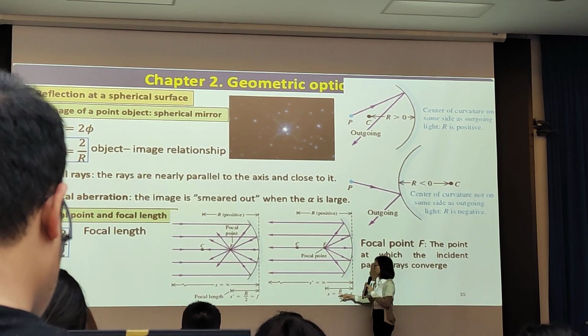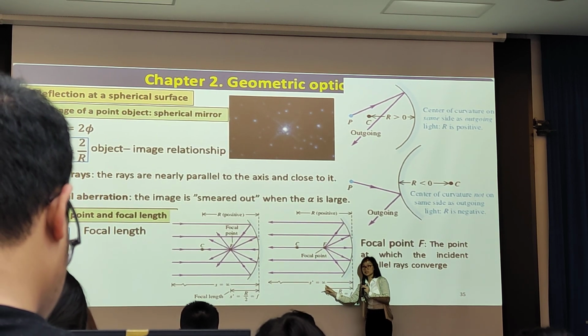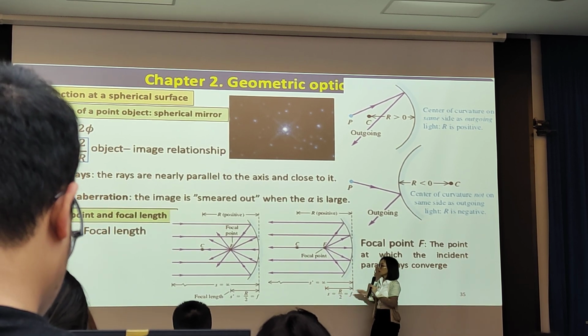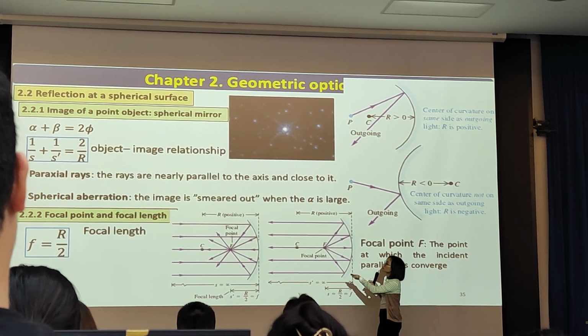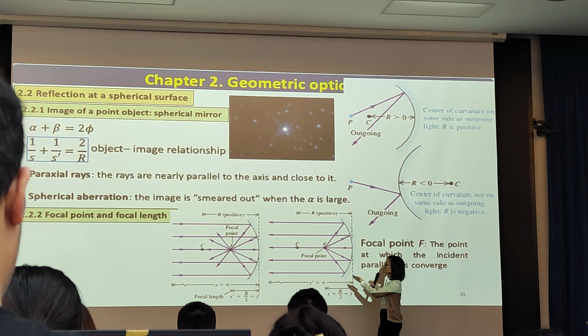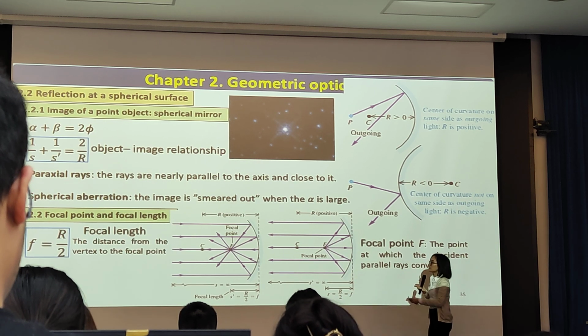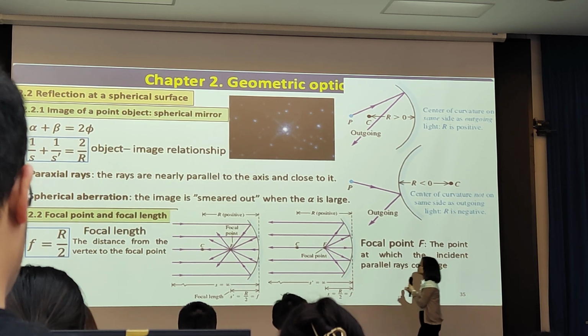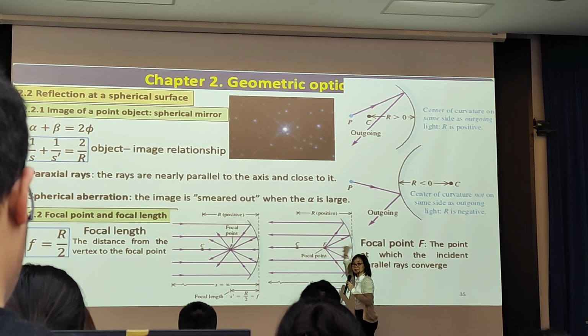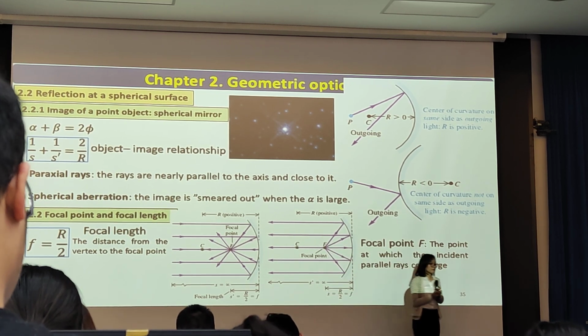So in this case you have s prime equal to infinity and s equal to R over 2. You use this object-image relationship. So focal length is the distance from the vertex to the focal point. Okay. Very clear, right?